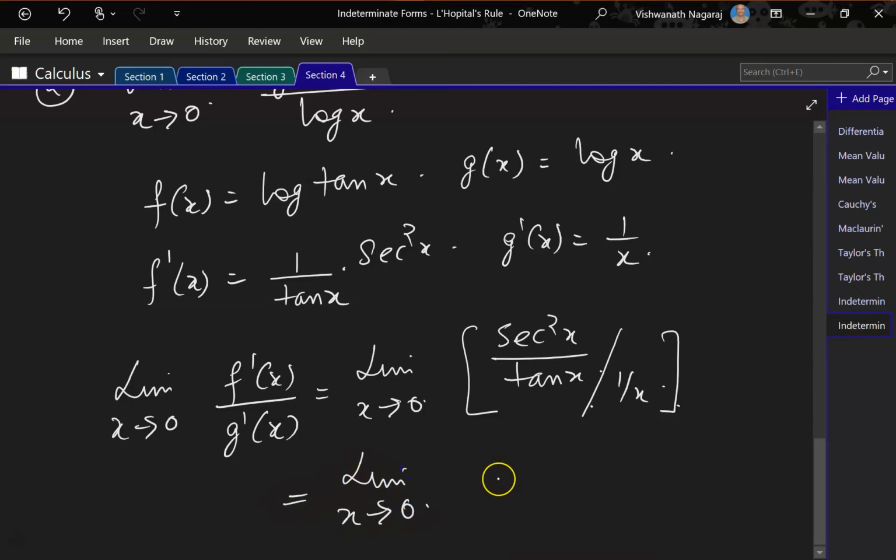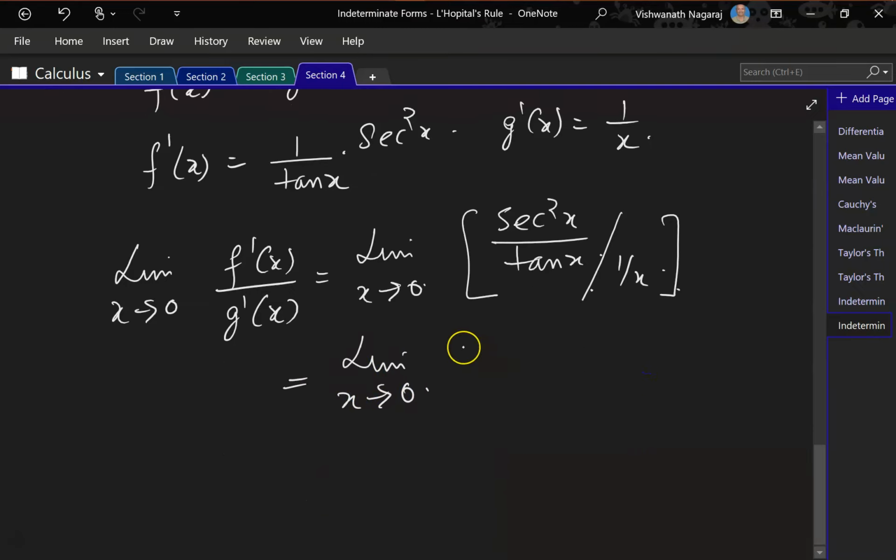We don't take the limit now itself. Sec square is 1 by cos square x. 1 by tan is cot. So we take the cot. Cot is cos x by sin x. And this 1 by x at the bottom, x will come up.